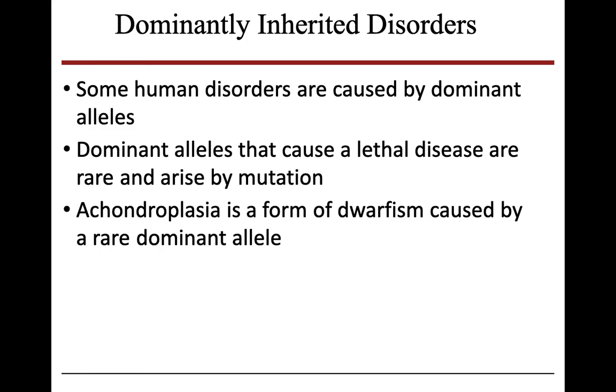And finally, there are some dominantly inherited disorders that are caused by dominant alleles. And dominant alleles generally causing lethal disease is a rare thing. It generally prevents successful reproduction, and it's often spread by two carriers reproducing that might not have a full dominant expression of the trait.